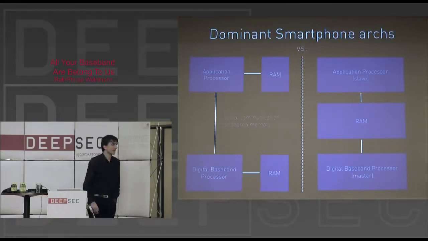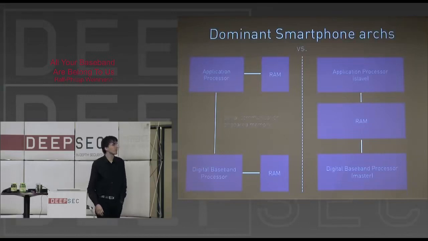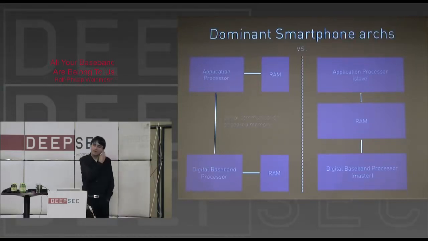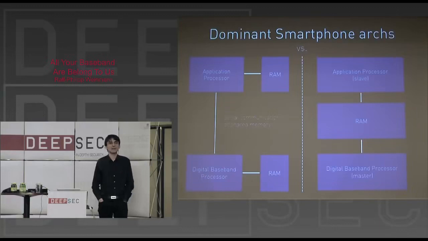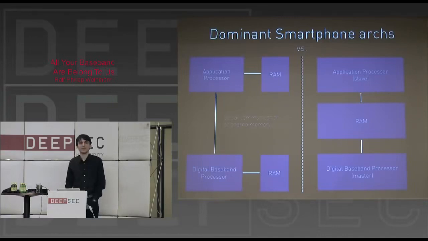The other side is what you see in most of the Android phones that are based on Qualcomm chipsets, namely that you have an application processor and a digital baseband processor that, for cost reasons, access the same RAM. Now, back in the days, like 10, 15 years ago, carriers thought the users shouldn't really get to mess with this radio layer, right?